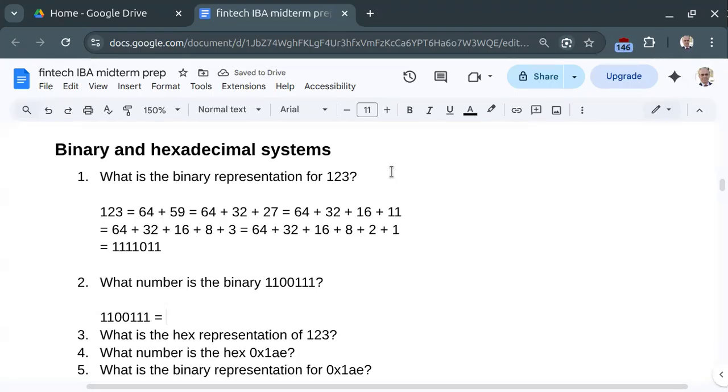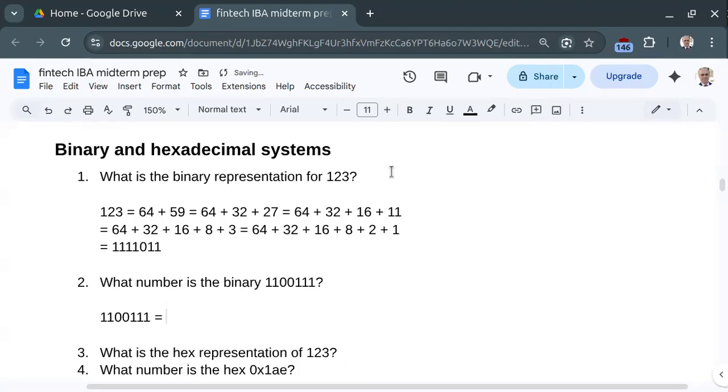Now we go the opposite way, right? We are writing down those numbers as powers of 2, okay? So we can just count. This is 1, 2, 4, 8, 16, 32, 64. So the biggest number there is 64, plus you have a 32 also, plus there is no 16 because there is a 0 in the place of 16.